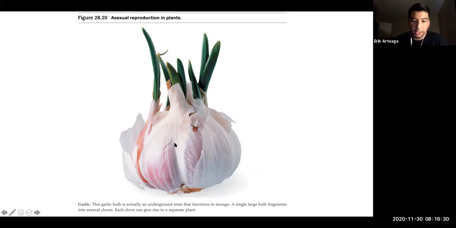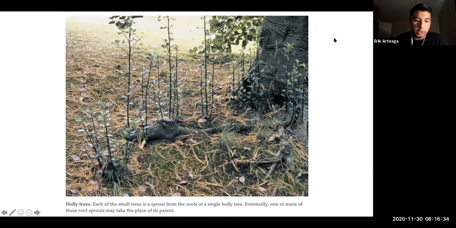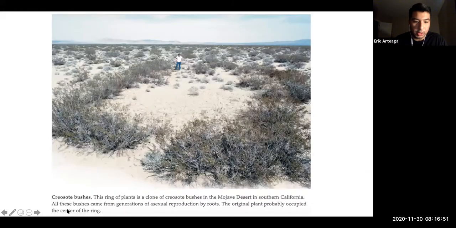Holly trees, these are actually extensions of the root system. You see here this tree is growing, but here you have the offspring protruding out of the root system. These are going to be genetically similar or identical to the parent, and this is asexual reproduction.